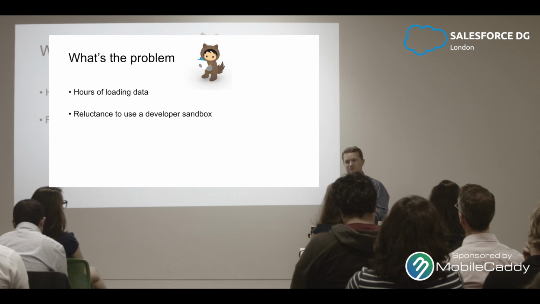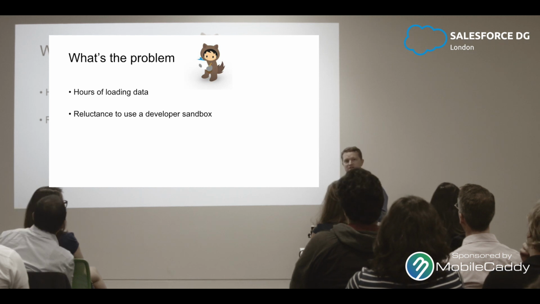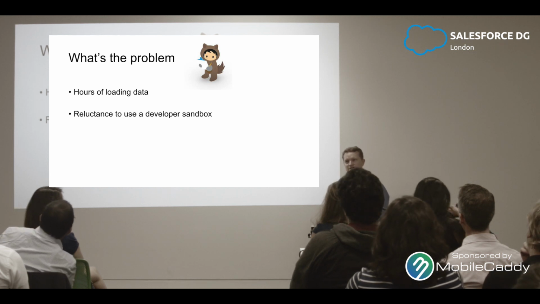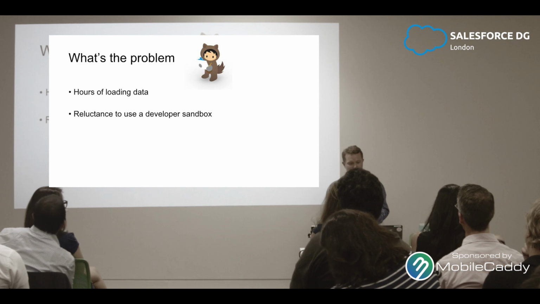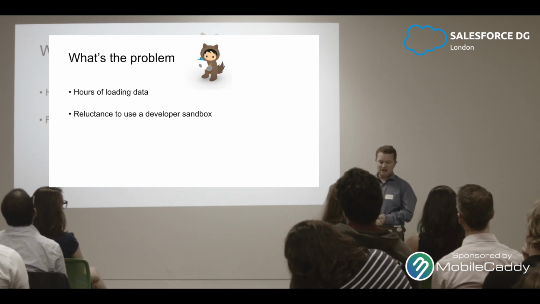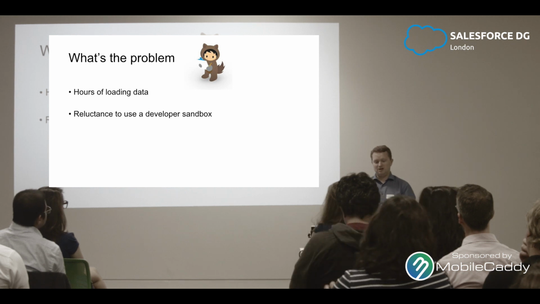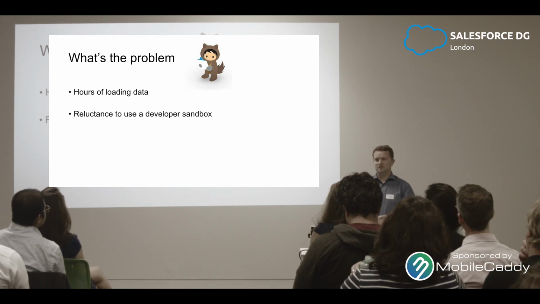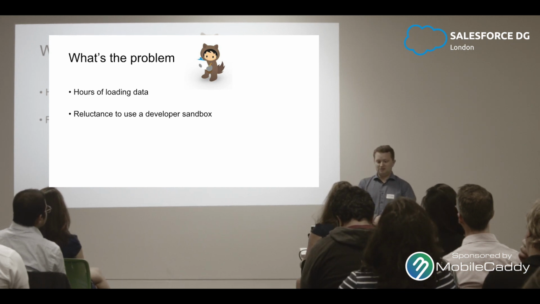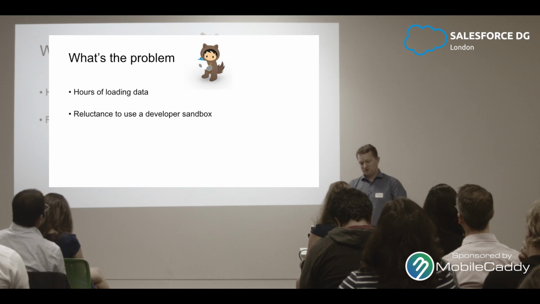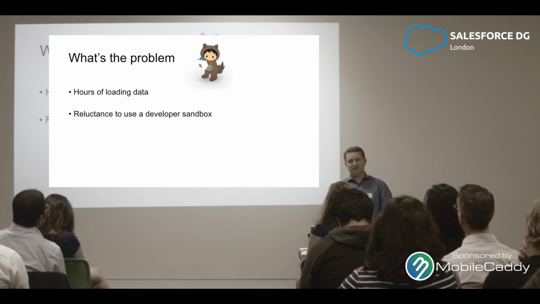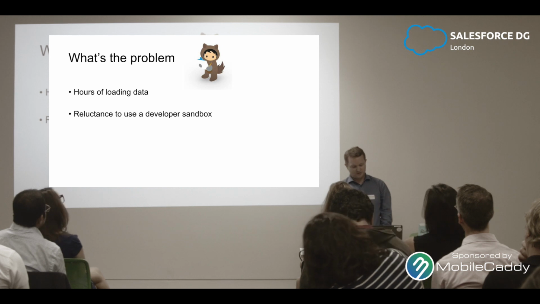This means that developers are spending hours and hours of time loading in this reference data just to make the application functional before they can start to actually do any of their development stuff. This led to a reluctance for them to use the smaller developer sandboxes, which caused some oversubscribing in full copy and partial sandboxes.